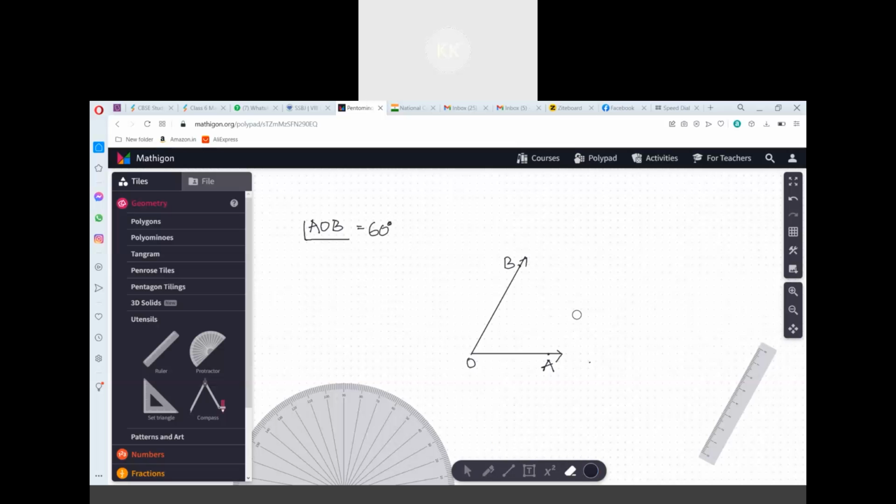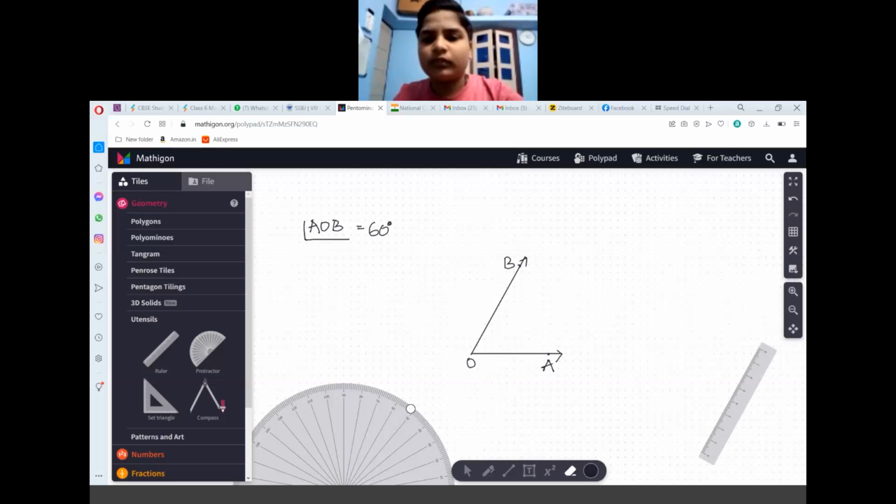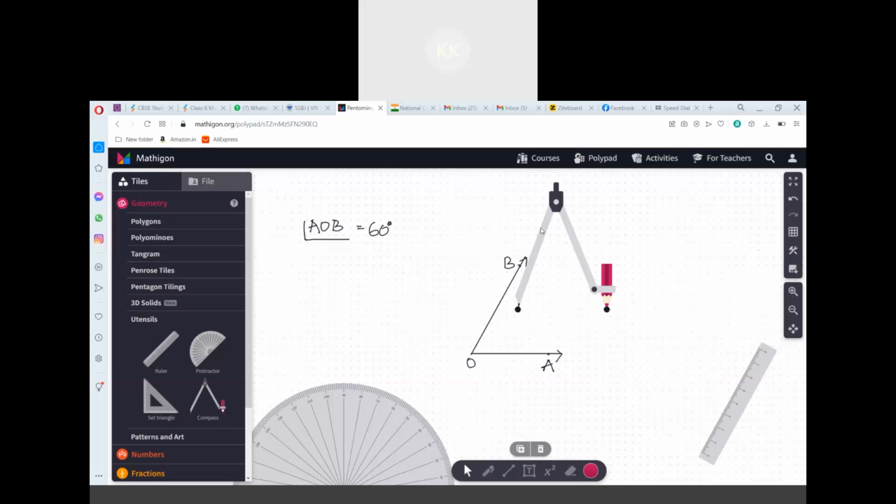Understood? Now how to bisect this 60 degrees? To bisect 60 degrees, I can make use of this instrument called a compass. I have to place it at point O. How to change this length here?